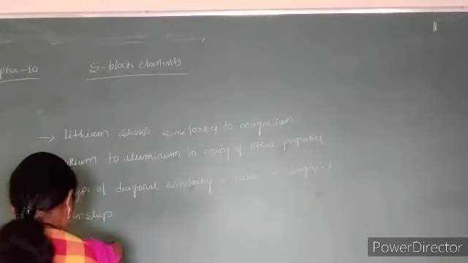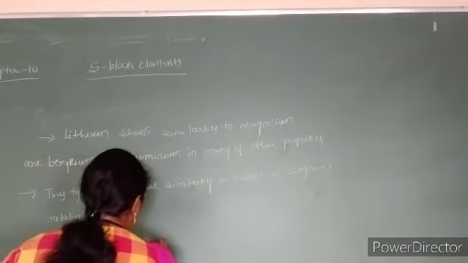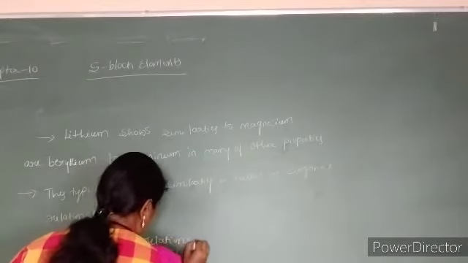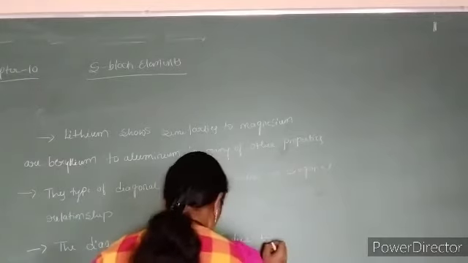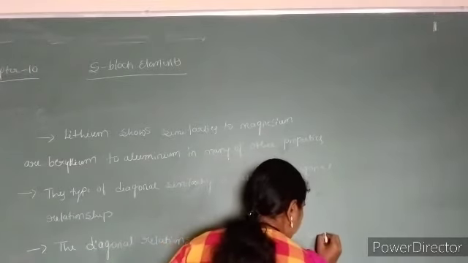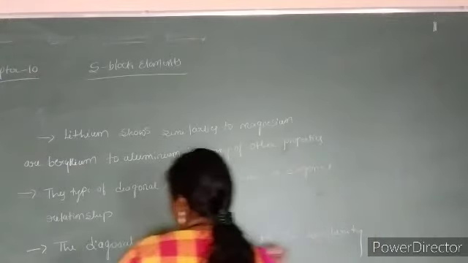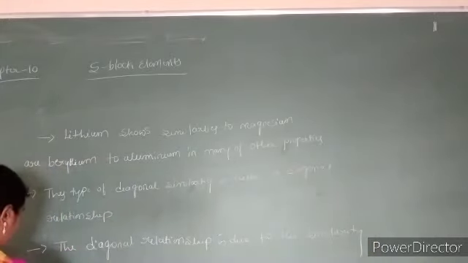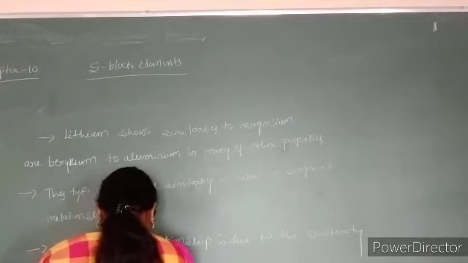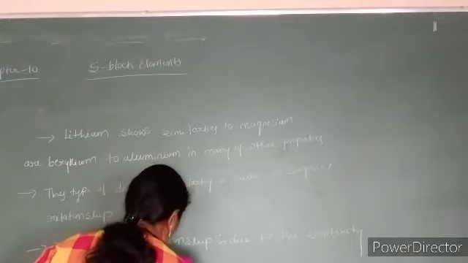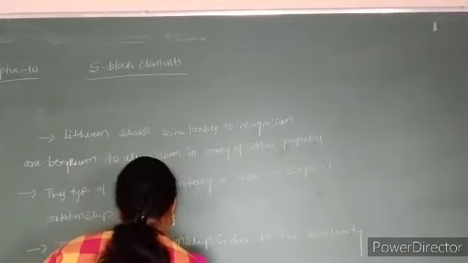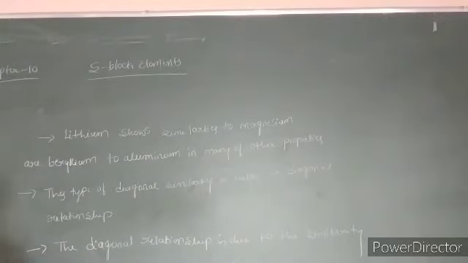The diagonal relationship is due to the similarity of ionic size, charge or radius ratio of the elements.